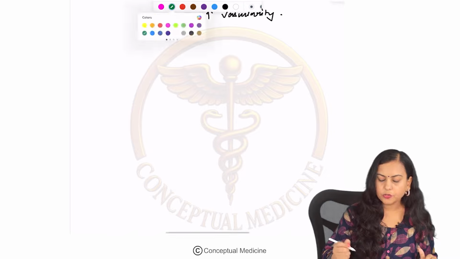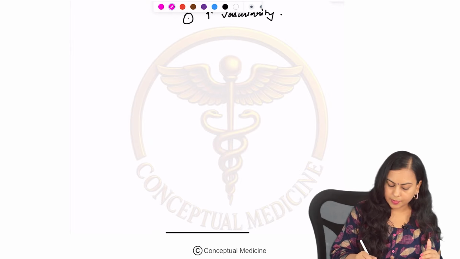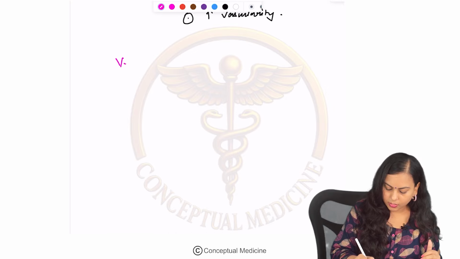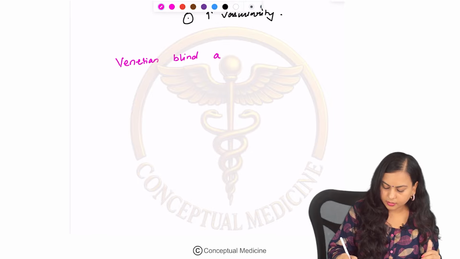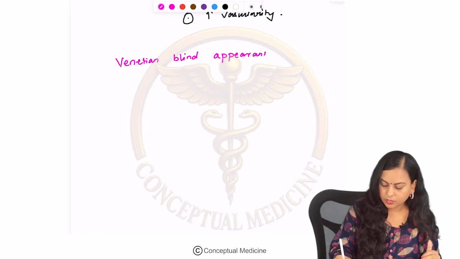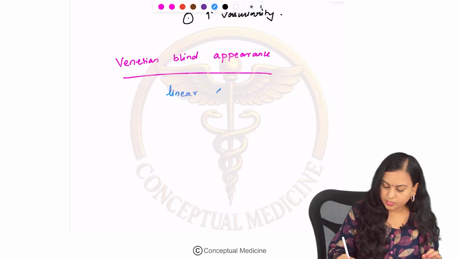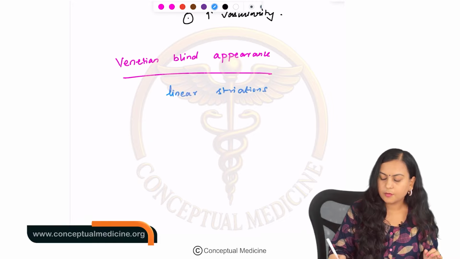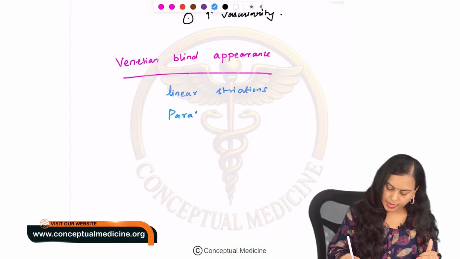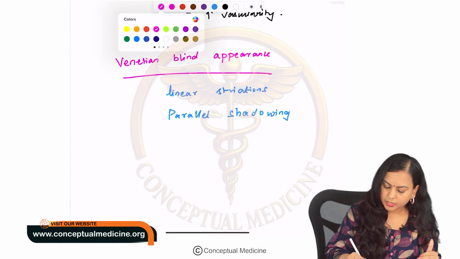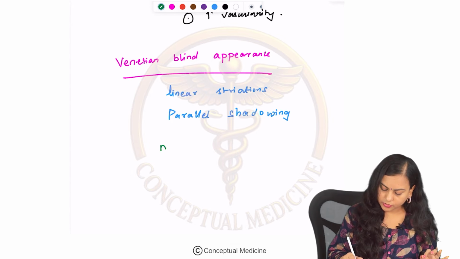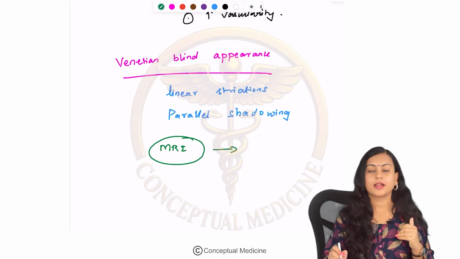You will also be able to note something called Venetian blind appearance. These are nothing but the linear striations like appearance because of the parallel shadowing you see. Okay, but the imaging modality of choice is going to be your MRI. You will be able to diagnose and characterize adenomyosis.